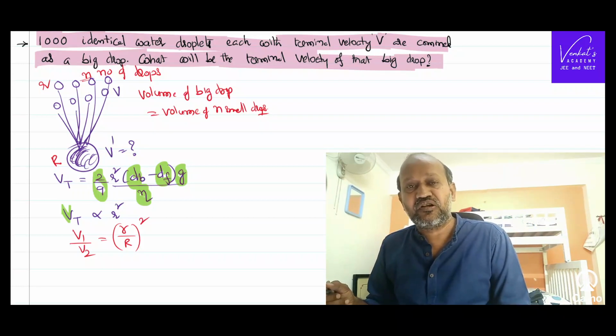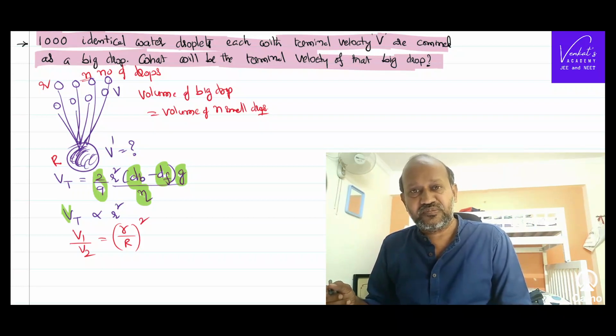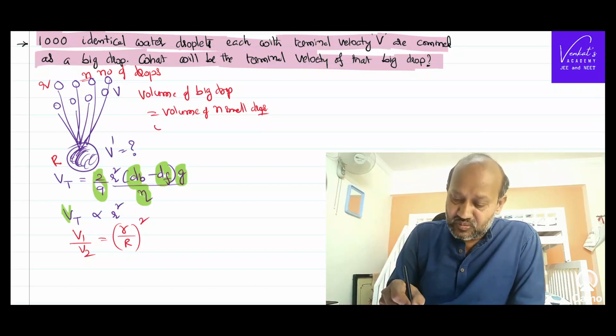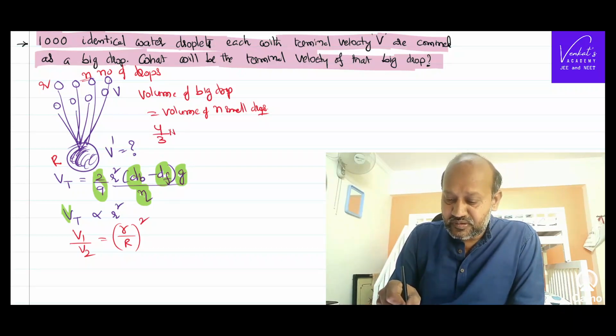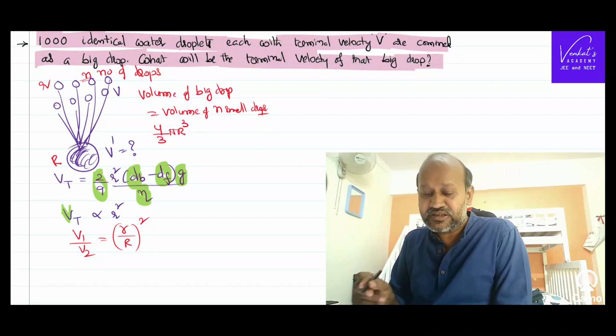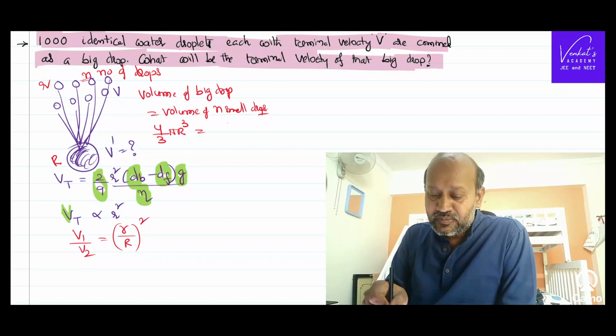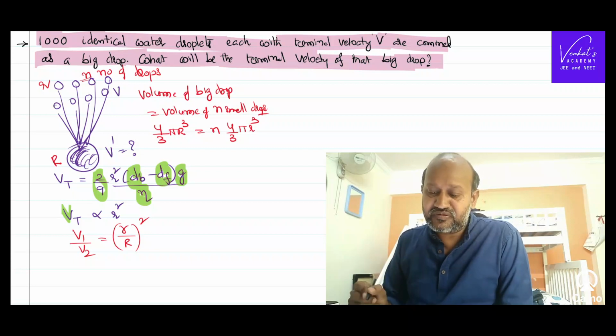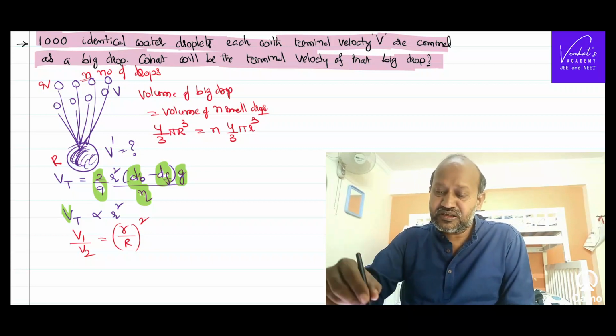You add all the small drops together, big drop will come. Volumes cannot disappear. So volume of the big drop is 4 by 3 pi capital R cube, assuming R is the radius of the big drop. Volume of one small drop is 4 by 3 pi small r cube, but there are n number of drops like that.